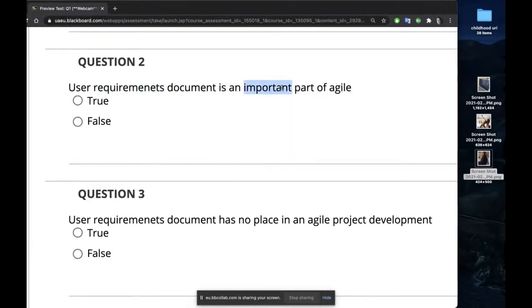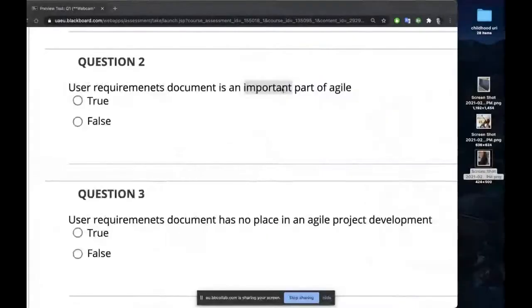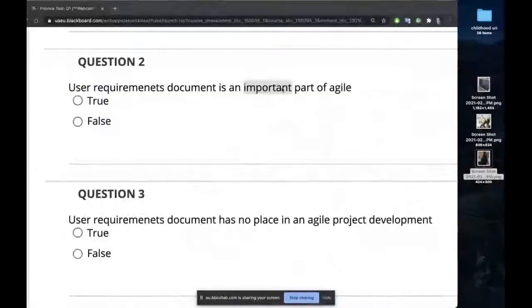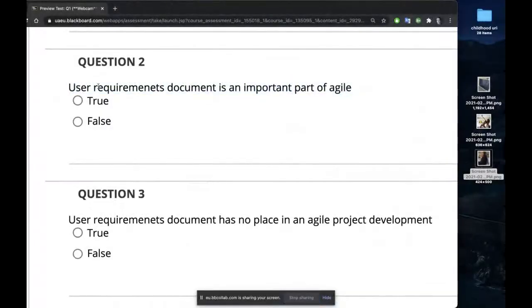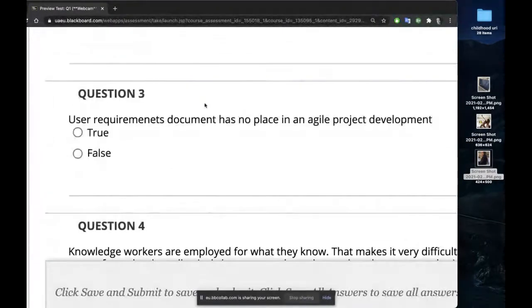And this is a kind of trick question because the answer is kind of true. It's an important part of Agile. It's not the most important thing, but just because we're doing Agile, it doesn't mean that we discard the user requirements. So this is a very tricky question.